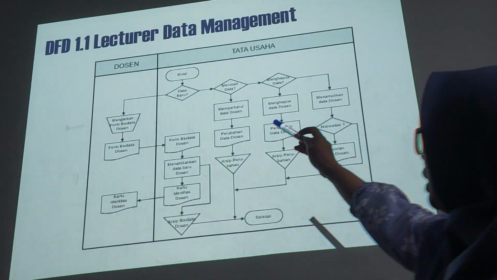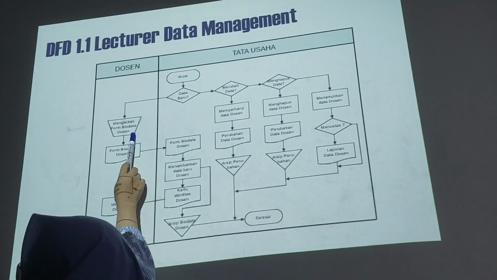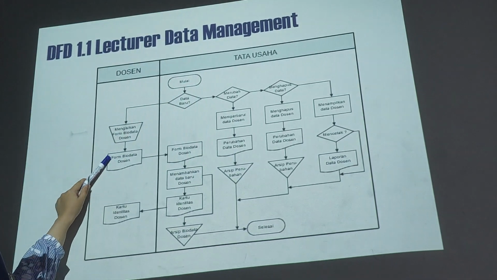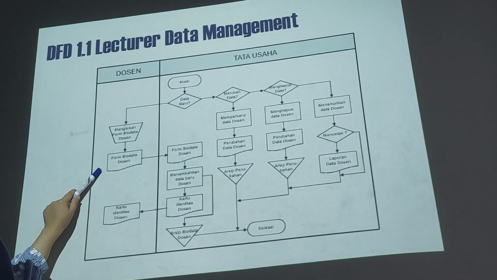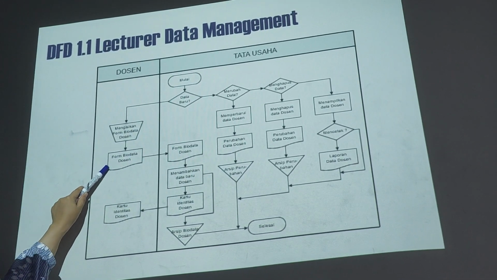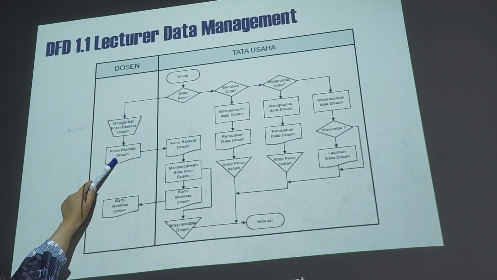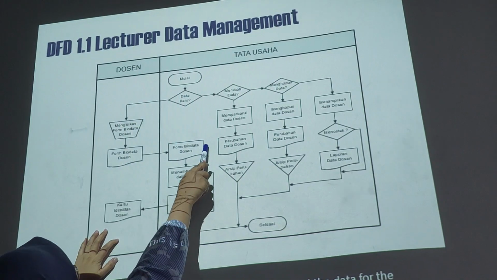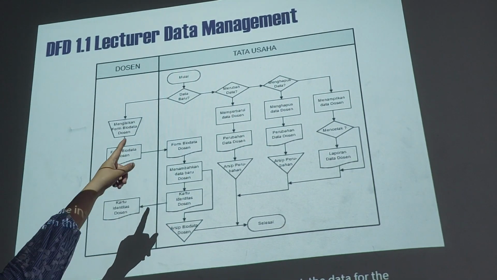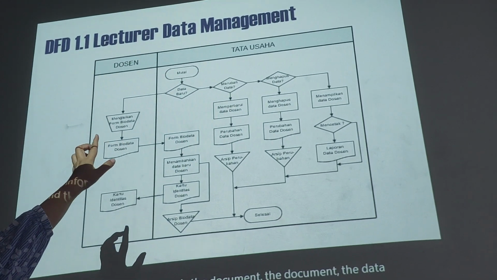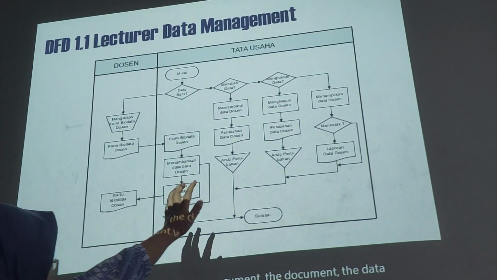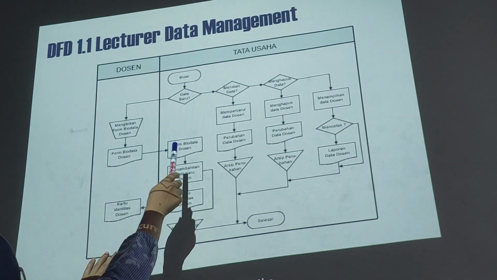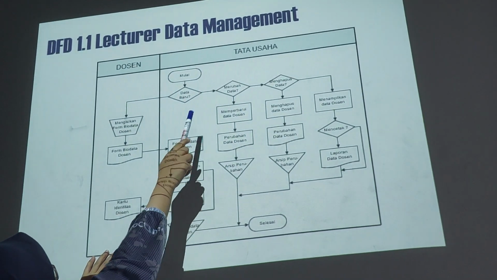If there is new data, we fill in the lecture information. This is the document, the data for the lecture, and then this document will be sent to the recording administration staff to input into the system.